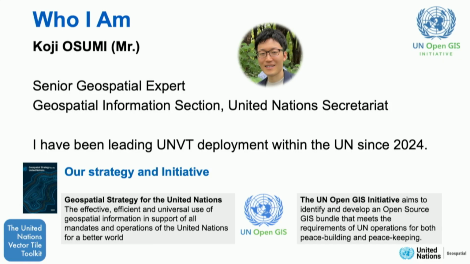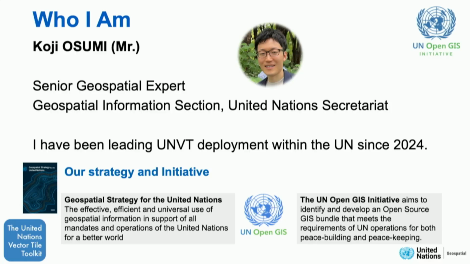This work on UNVT is closely aligned with our strategy and initiative. The Geospatial Strategy for the United Nations shows the effective, efficient, and universal use of geospatial information in support of our mandates and operations of the United Nations for a better world.